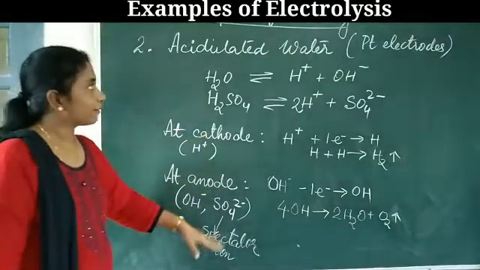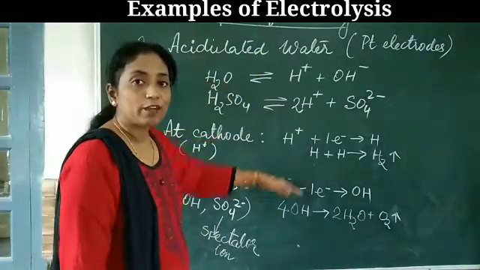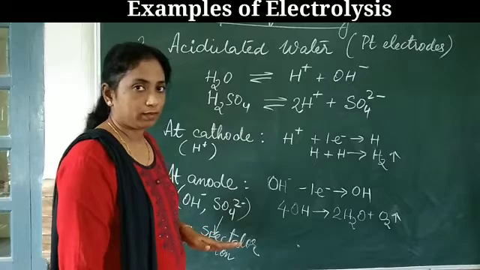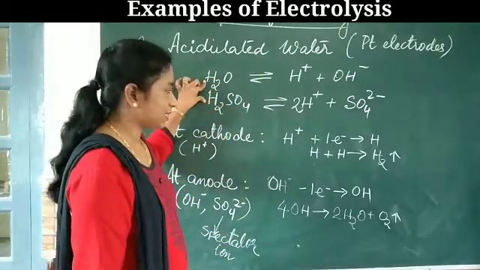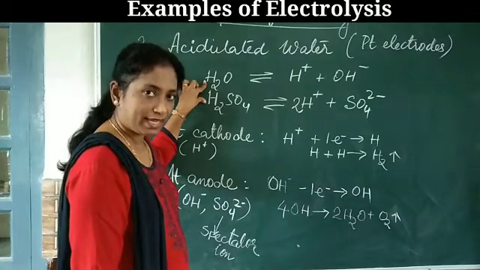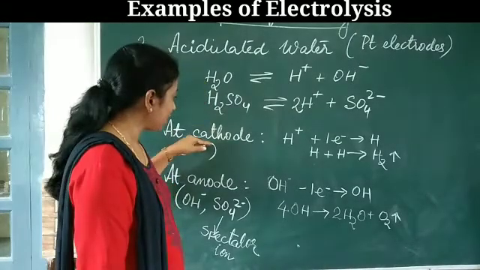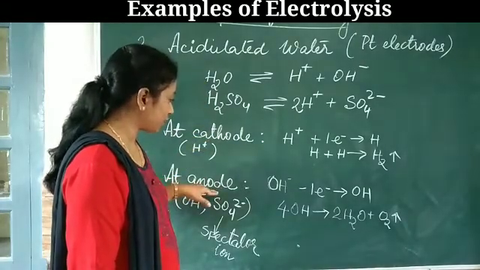So this is electrolysis of acidulated water. Very easy. First you must write the dissociation or ionization reactions, then the cathode reaction, then the anode reaction.